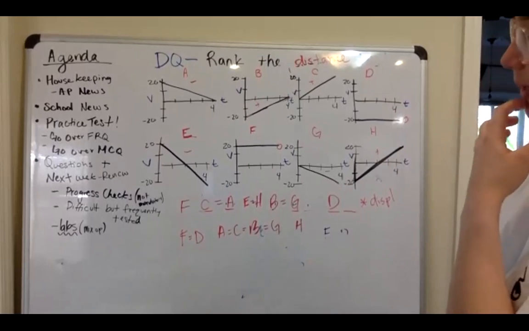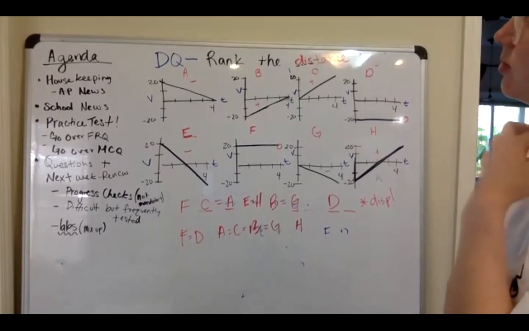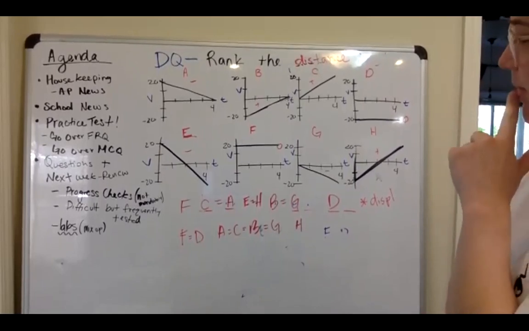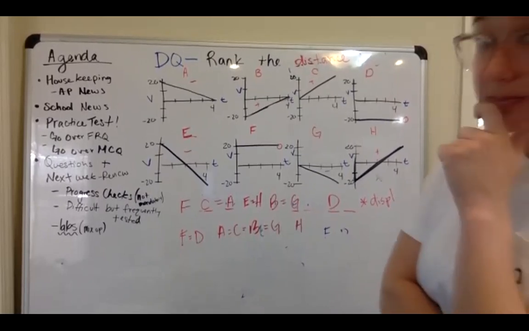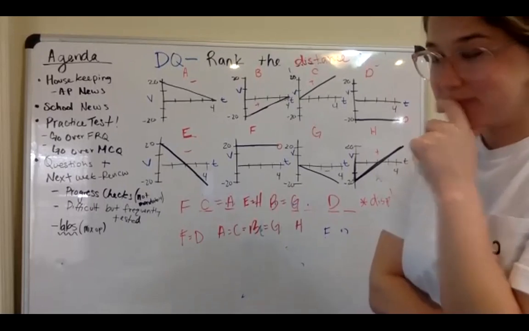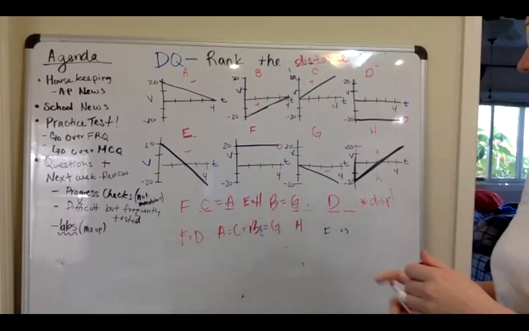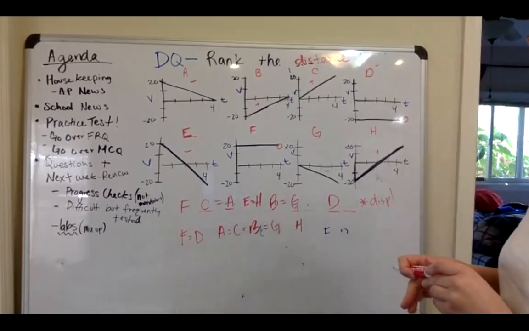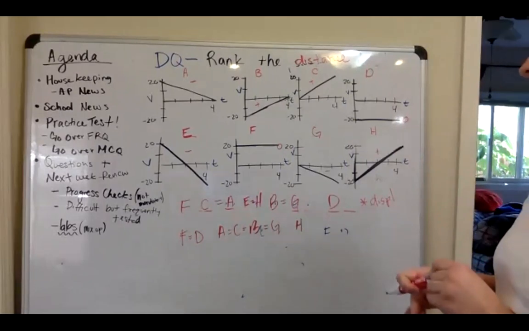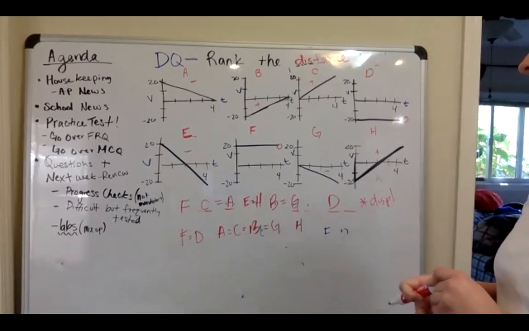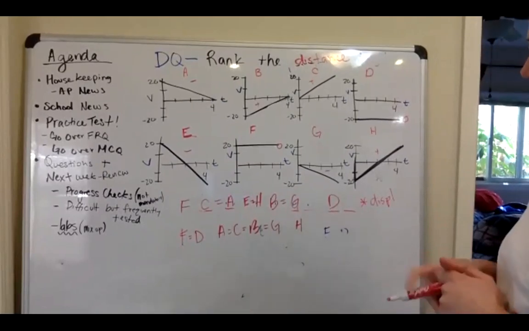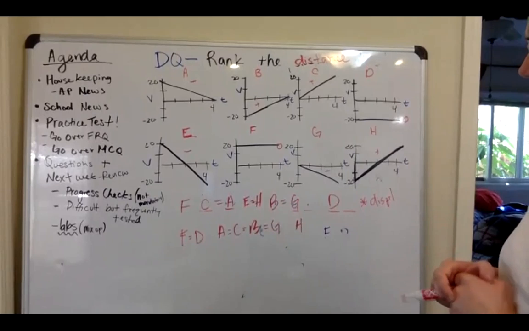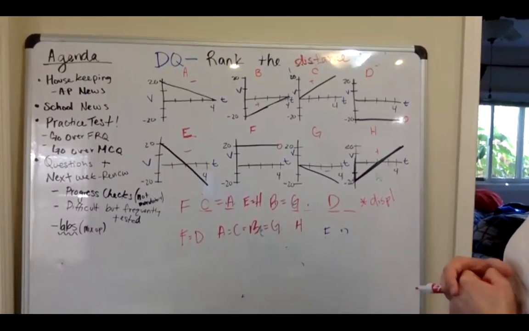So 20 times 2, that's 40. 40 times 4, 80. So those would be the least. H and E would have the least distance, because they're two triangles, so it would just be 20 times 2, which gives you 40 as your distance.